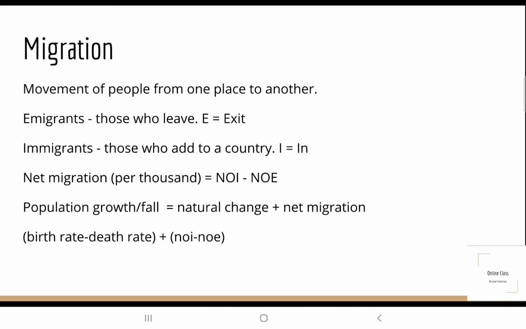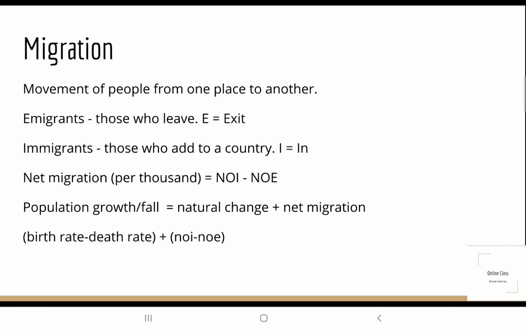Okay, so now on to migration. The definition of migration is the movement of people from one place to another. We have emigrants and immigrants, and the easy way to remember this is that emigrants are those who leave. E is for exit, and E is the first letter in emigrants.